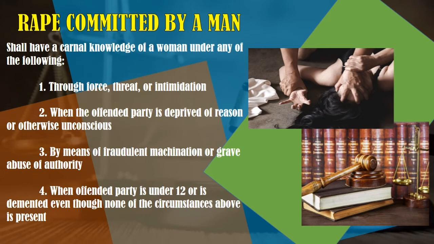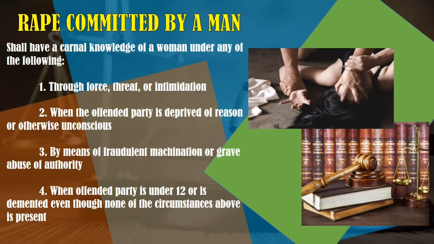Two is when the offended party is deprived of reason or otherwise unconscious. Third, by means of fraudulent machination or grave abuse of authority. And fourth, when the offended party is under 12 or is demented, even though none of the circumstances above is present.